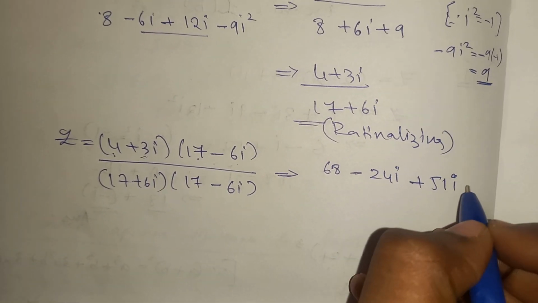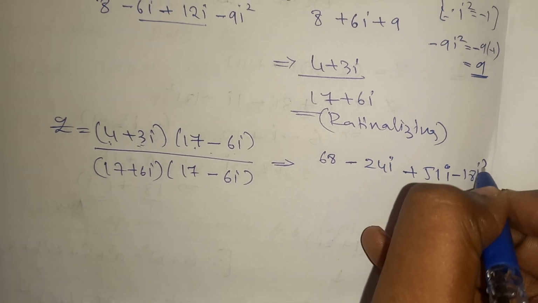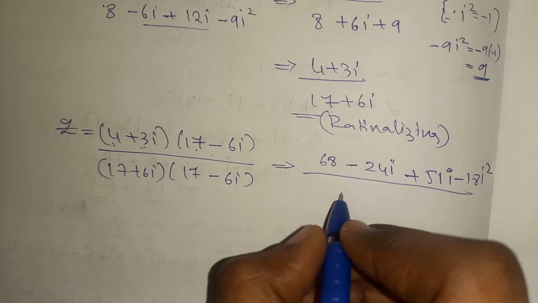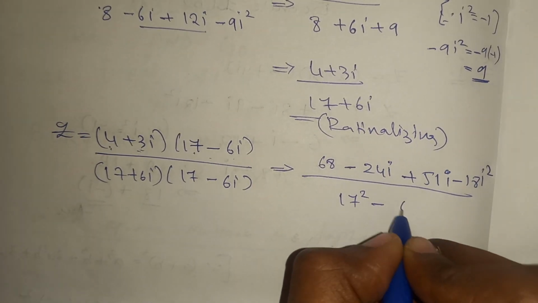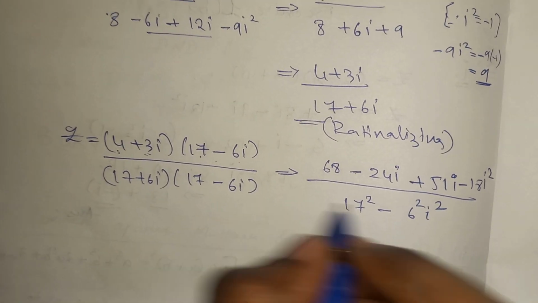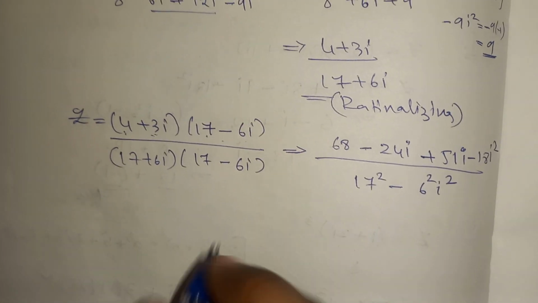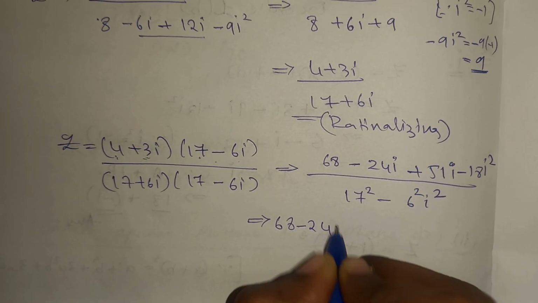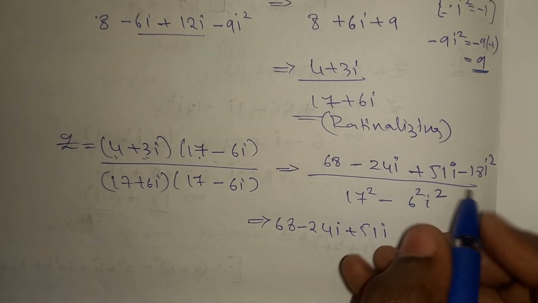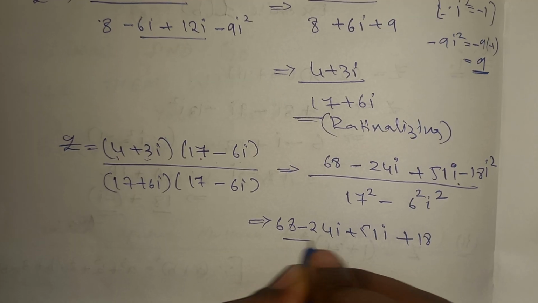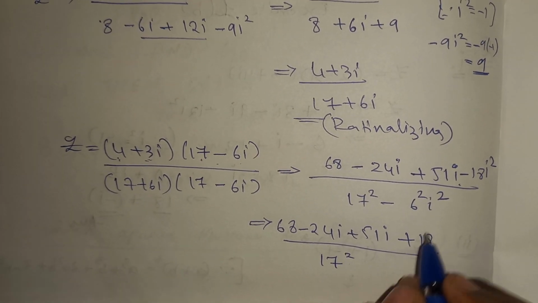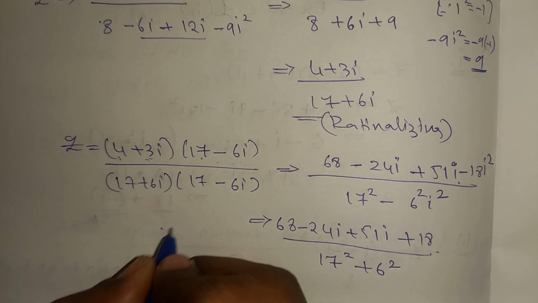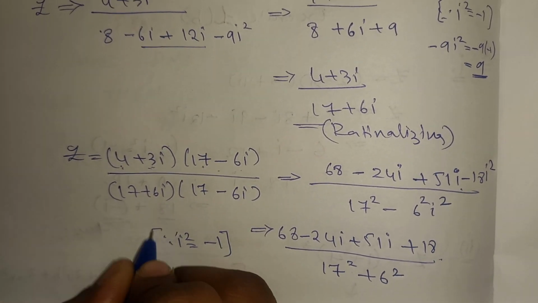3i into minus 6i is minus 18i square by, this is (a plus b) into (a minus b), which is nothing but a square minus b square, that is 6i whole square, which is 6 square into i square. Now this is equals to 68 minus 24i plus 51i plus 18 by 17 square plus 6 square, since i square is equals to minus 1.